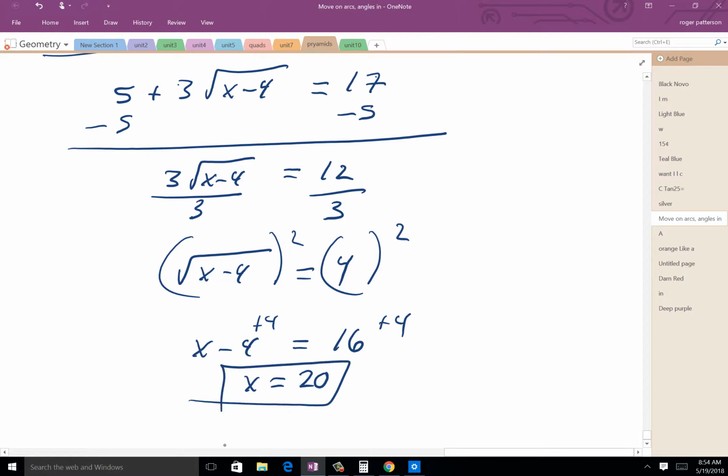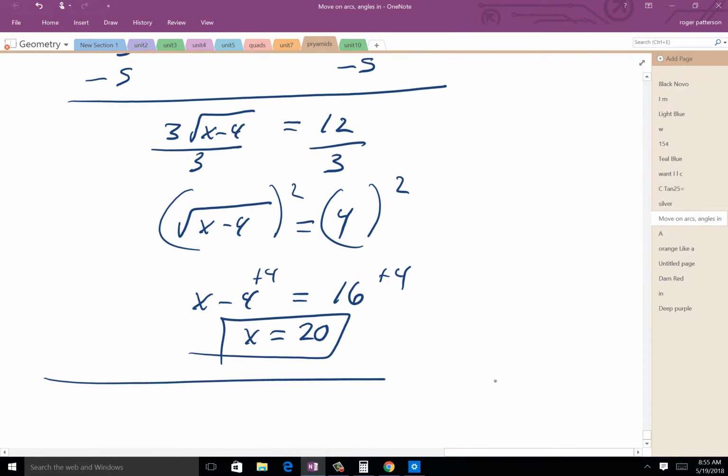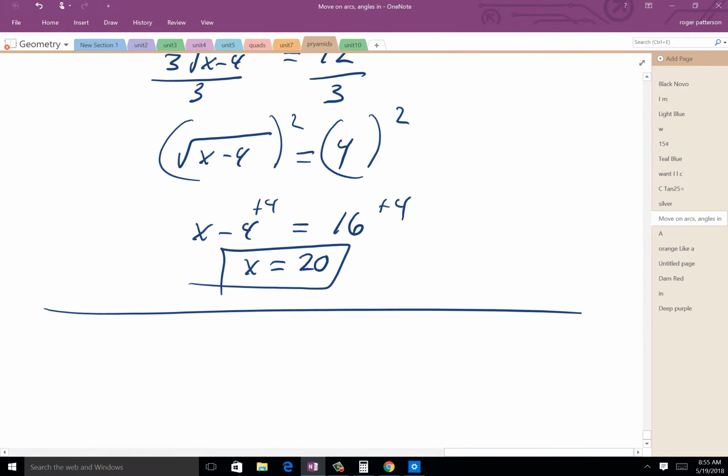And there it is. So as far as a straightforward, I mean, that's pretty complicated. It's got a couple different steps we had to go through. You know, get rid of the 5, get rid of the 3, square, and then deal with that x minus 4. All right, and these are all turning out pretty nice too. I'm surprised I haven't gotten some nasty one yet. That's coming, I'm sure.